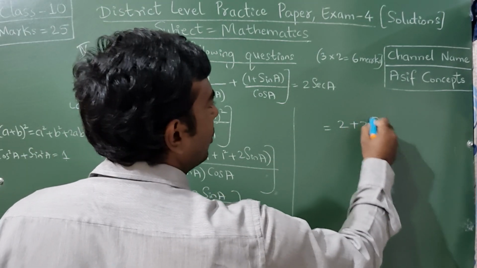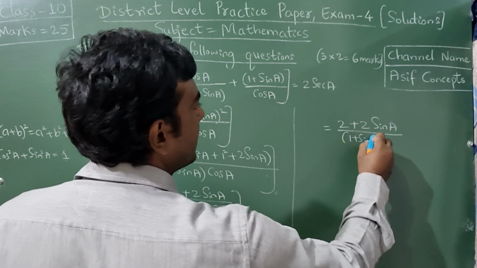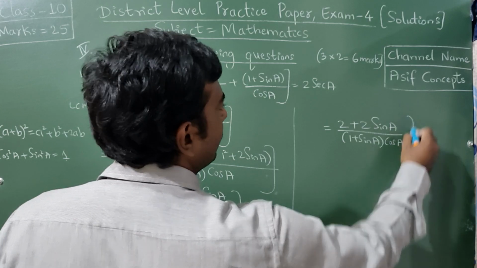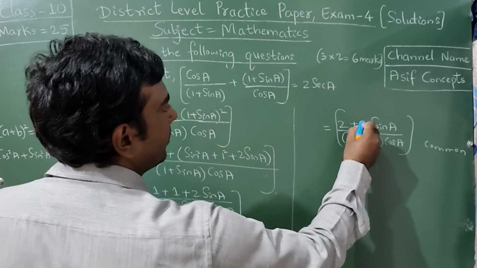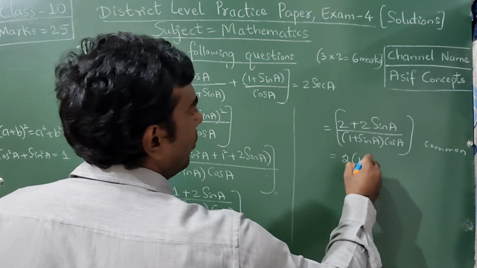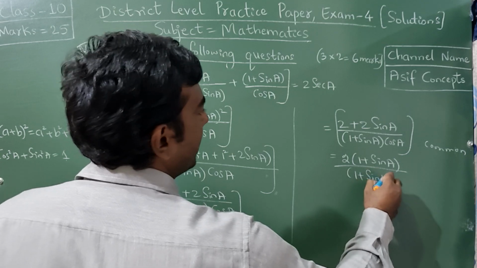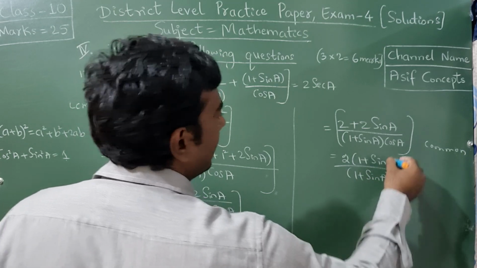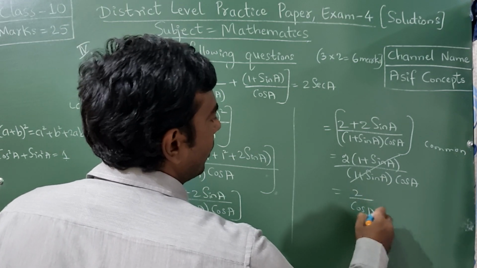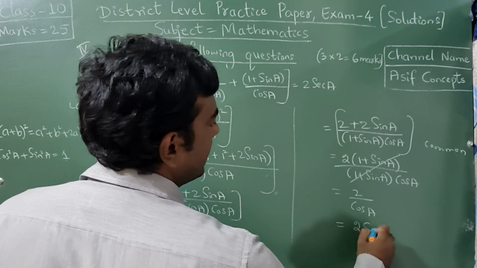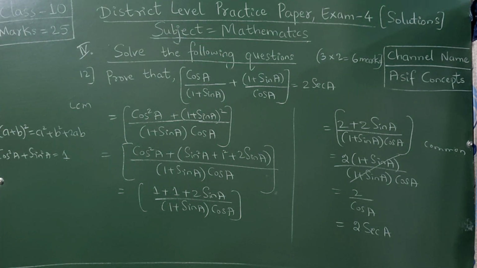Plus 2 sin A divided by the denominator again as it is, 1 plus sin A into cos A. Now I am going to take common. 2 is common here. Okay. So 1 plus sin A, denominator part is 1 plus sin A into cos A. 1 plus sin A get cancelled. So what is remaining? 2 by cos A. So 1 by cos is secant A. This completes your answer.